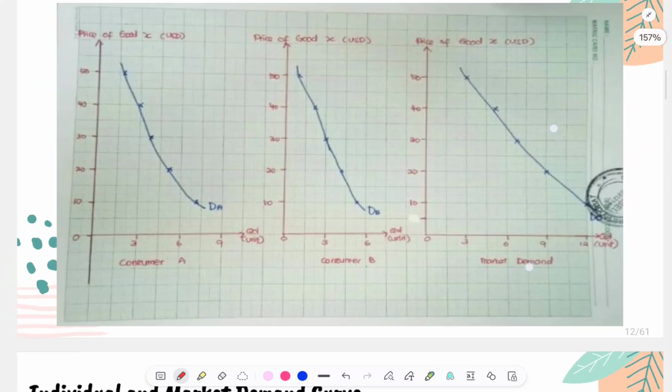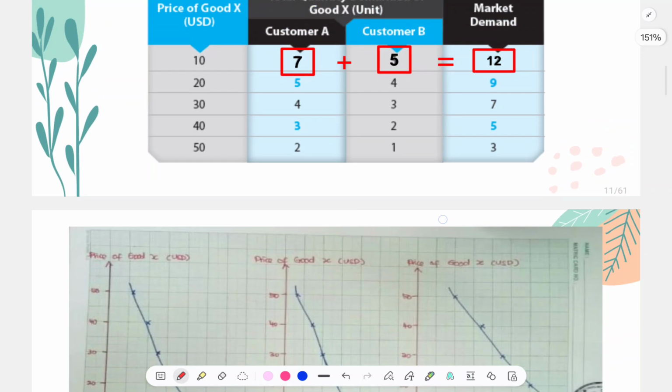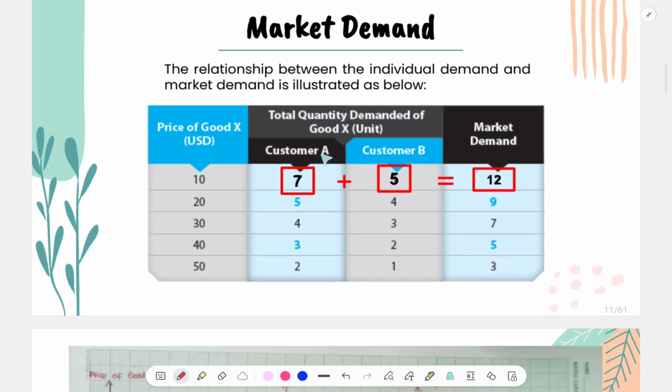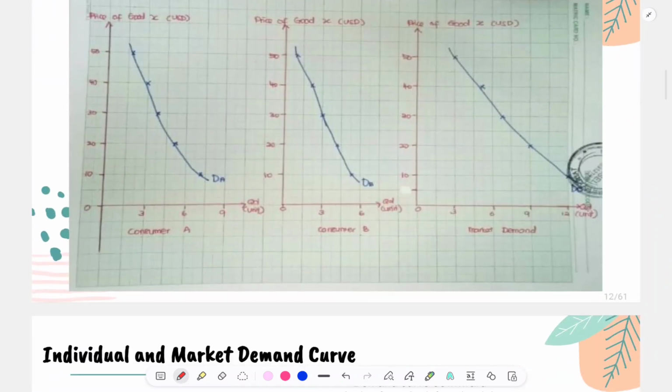Why does this happen? Because based on our market demand table, customer A is maximum at 7 units, customer B is maximum at 5 units, and market demand is maximum at 12 units. Since customer B maximums at 5 units, when we plot the graph, we can stop at 6, so no waste of resources.